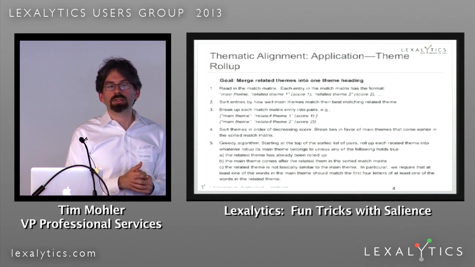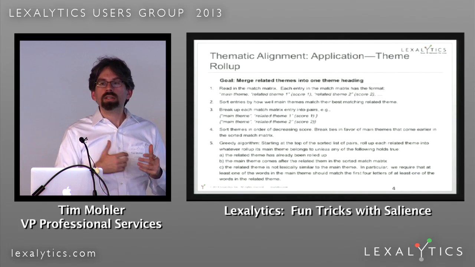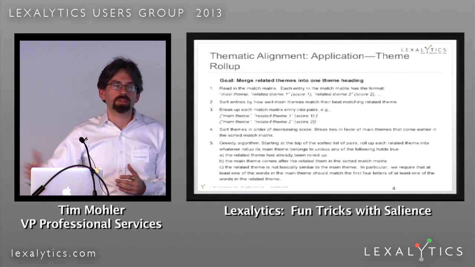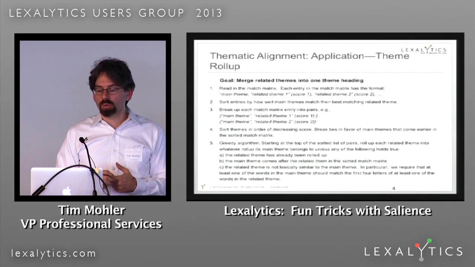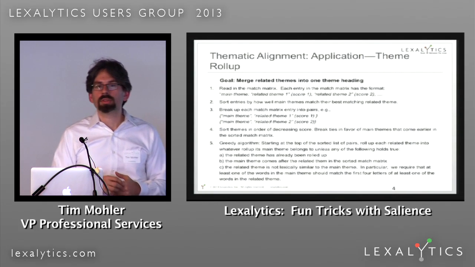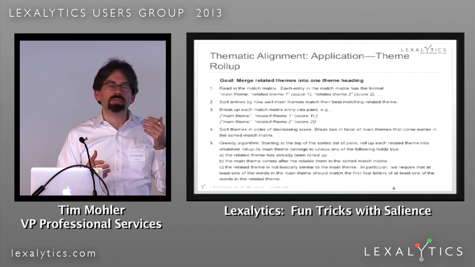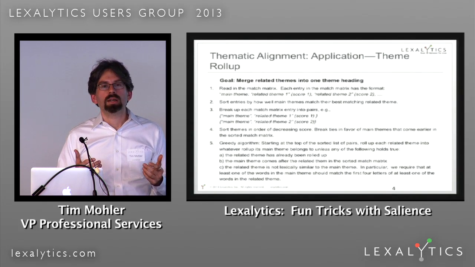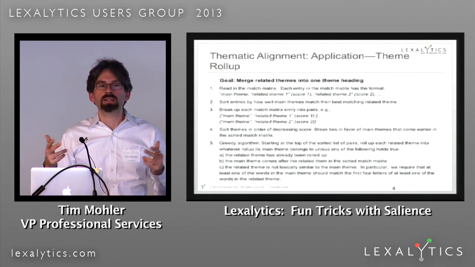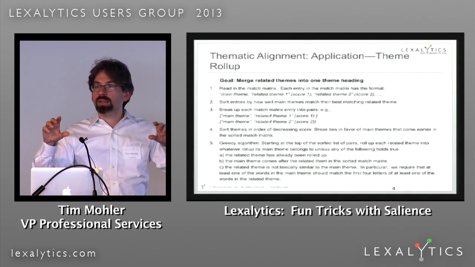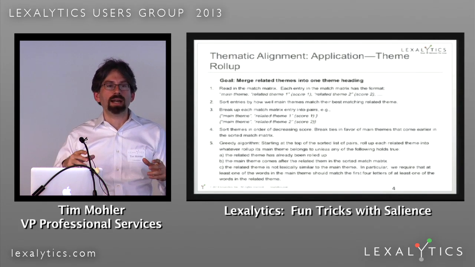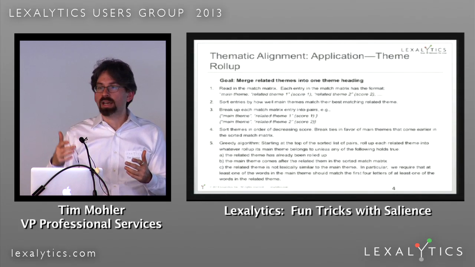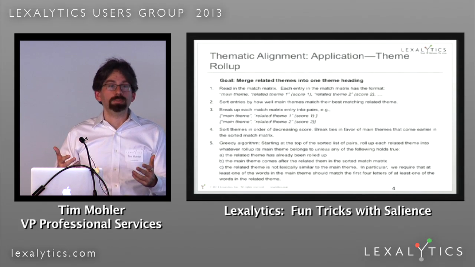matrix of relationships. And then when you're running against a new set of documents that you've never seen before, for this particular use case, we're looking for theme rollup. So if I get account manager and I get sales manager in 2 different documents, Salience didn't relate them, but we will at an application level now, because we've judged that sales manager and account manager are related.